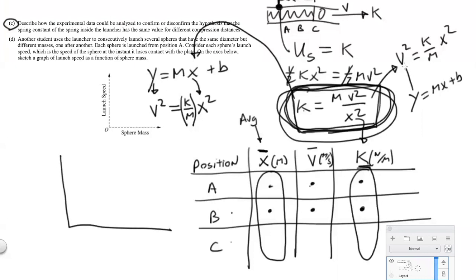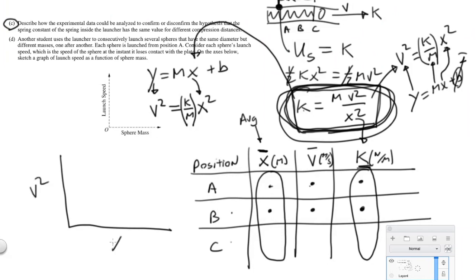On the y-axis, we're going to put v squared. On the x-axis, we're going to put x squared. The slope should be k over m. Y-intercept should be 0, right? Because if x is 0, that means we didn't compress the spring, which means there's no velocity.